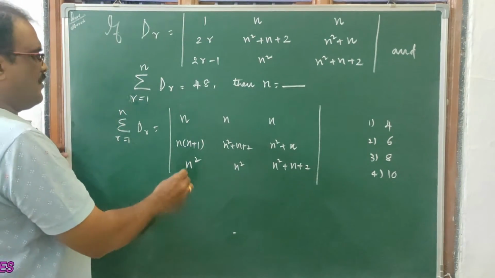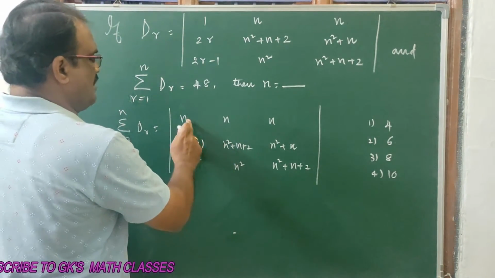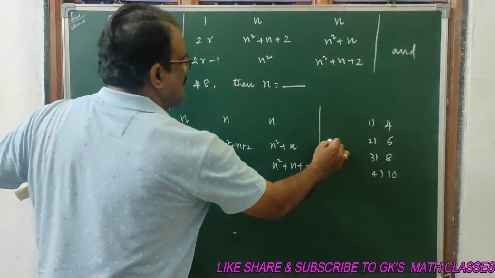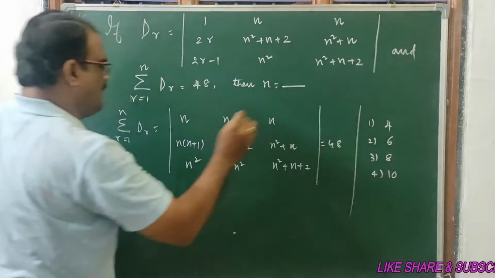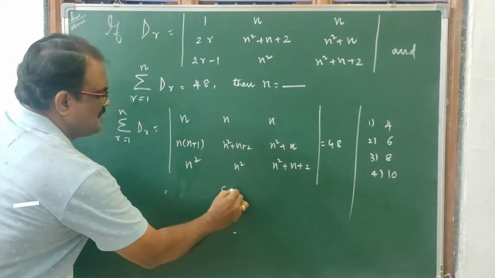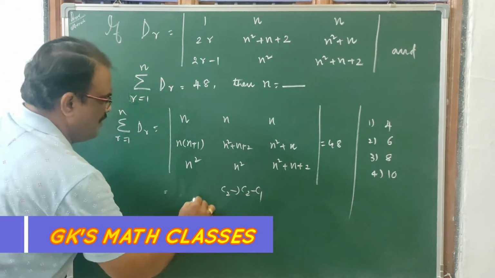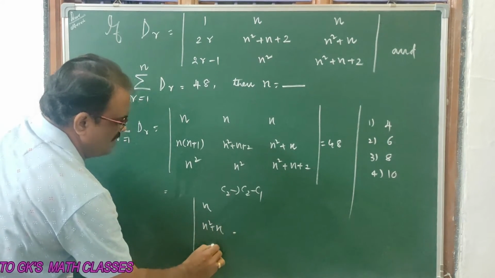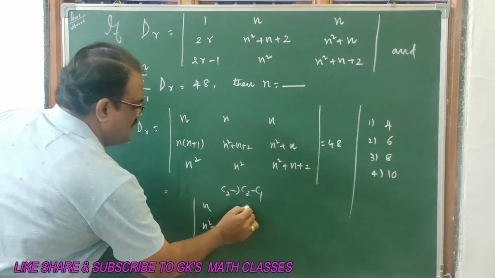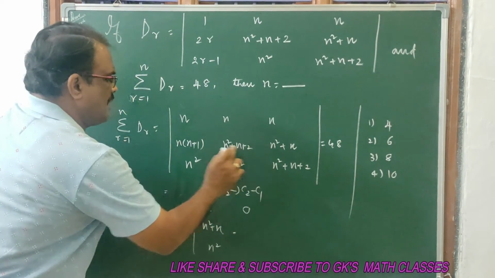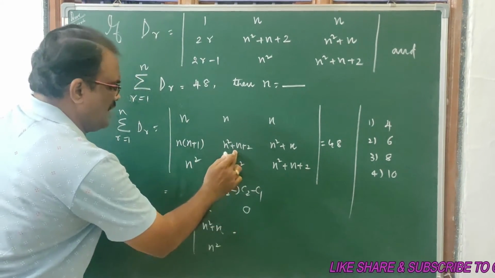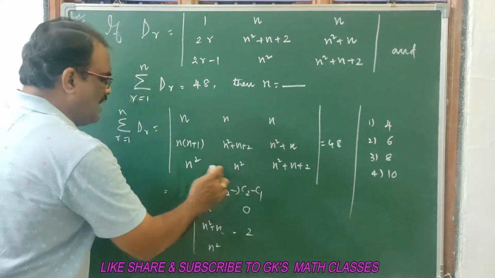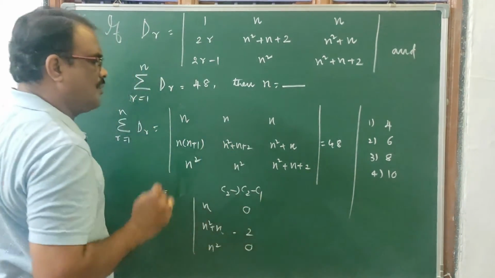So if you subtract one from the other, C2 implies C2 minus C1. The value is actually given as 48 here. Write C2 implies C2 minus C1: n same, n square plus n same, n square same, n minus n 0, n square plus n plus 2, n square minus n square plus n gets cancelled, you get 2, n square minus n square 0.